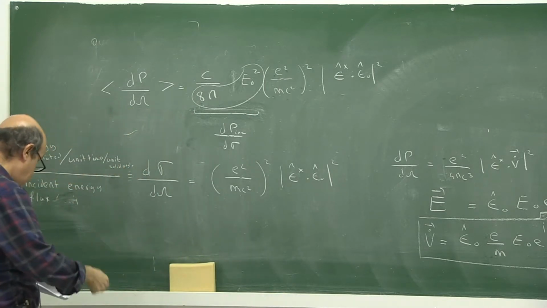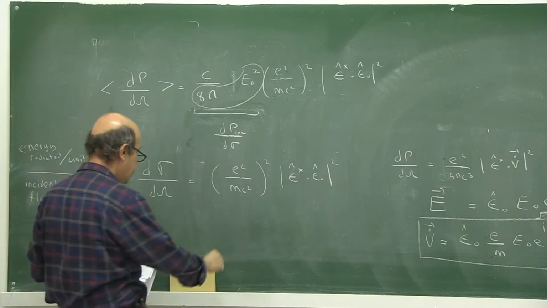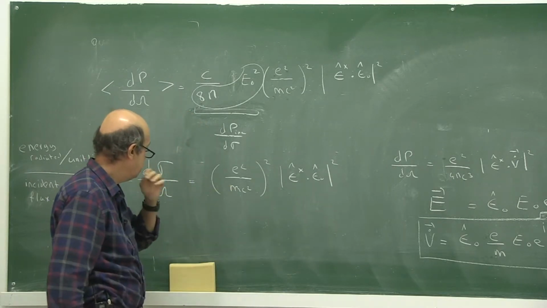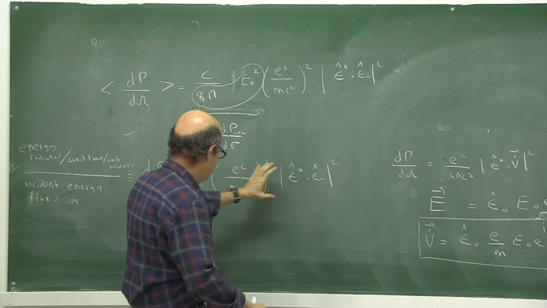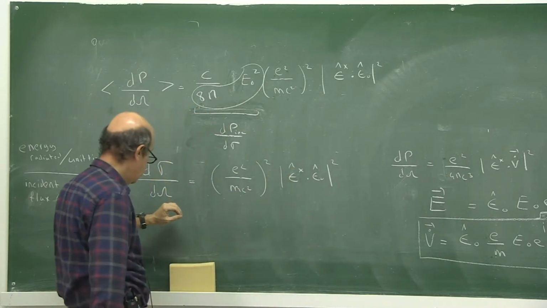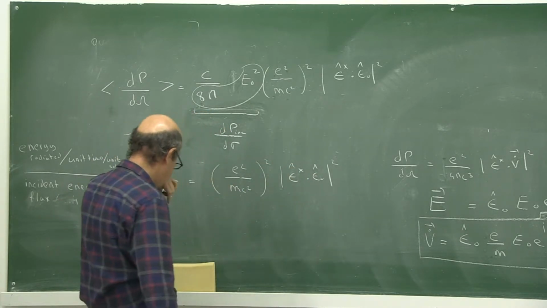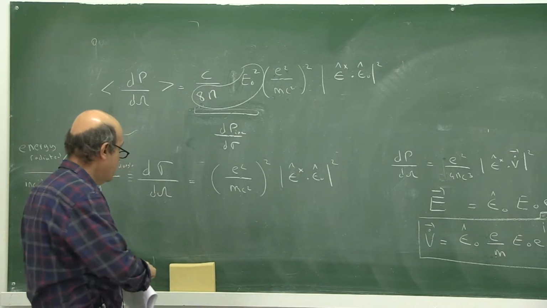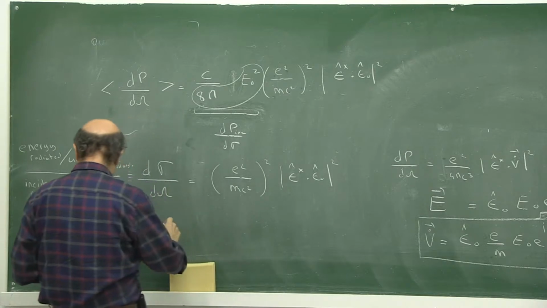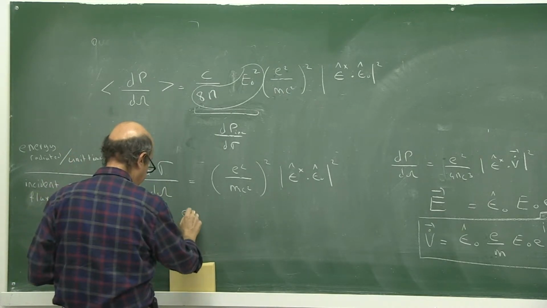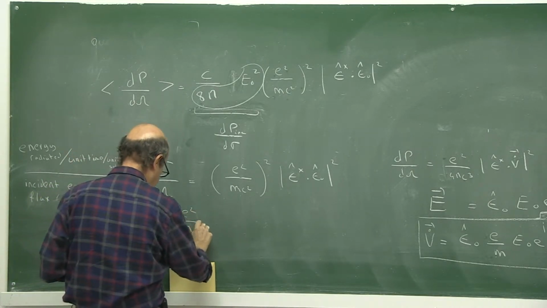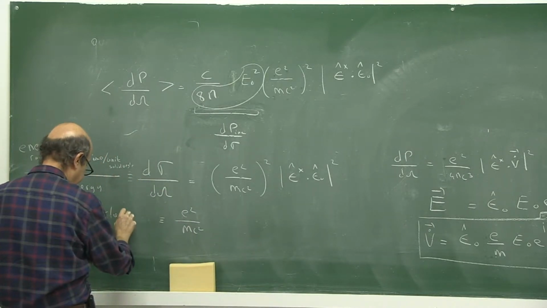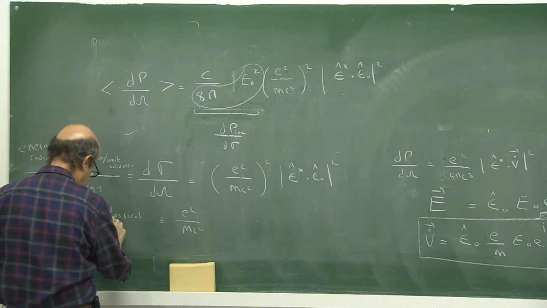And this is dimensionless, and here this whole stuff is related to the square of the classical electron radius. So basically e squared over m c squared is nothing but the classical electron radius.